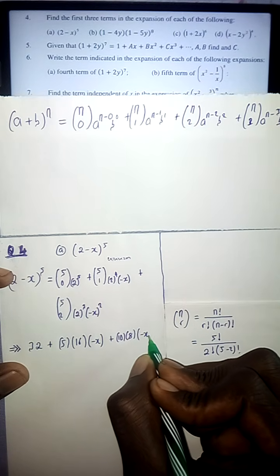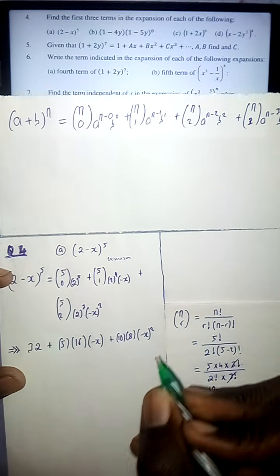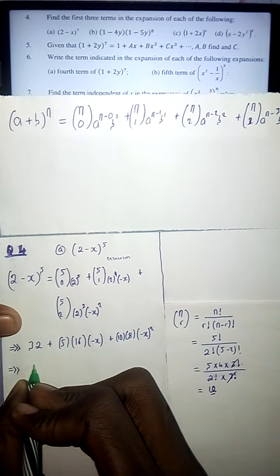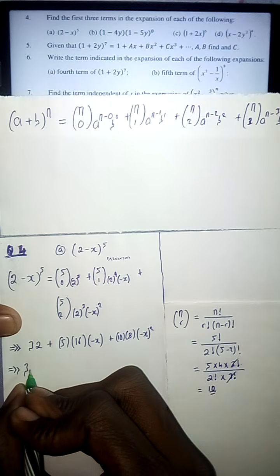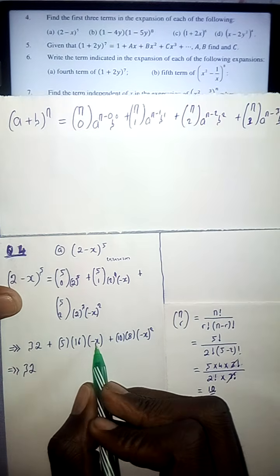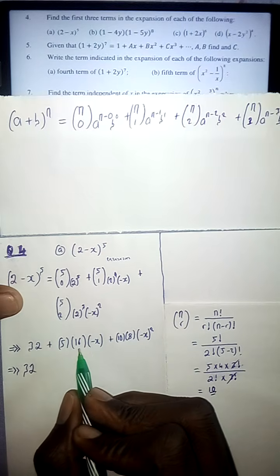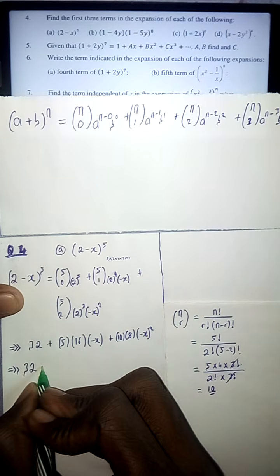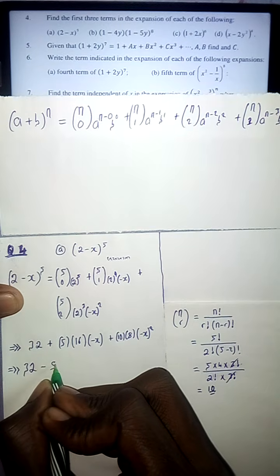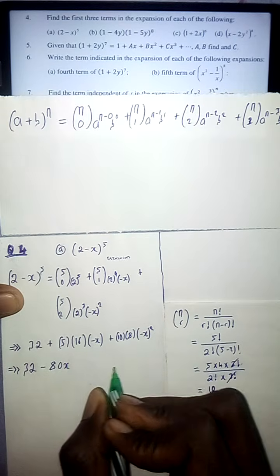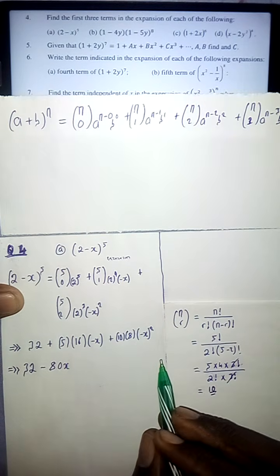Then I have this. So we are therefore going to have, you seen this negative? Yes, it will have an effect on everything here, right? So when you multiply, you should get negative 80x. What about here?